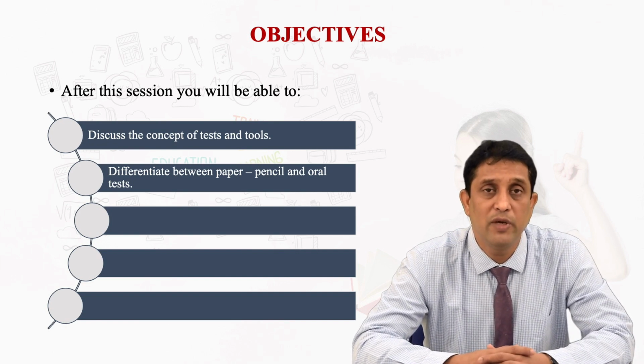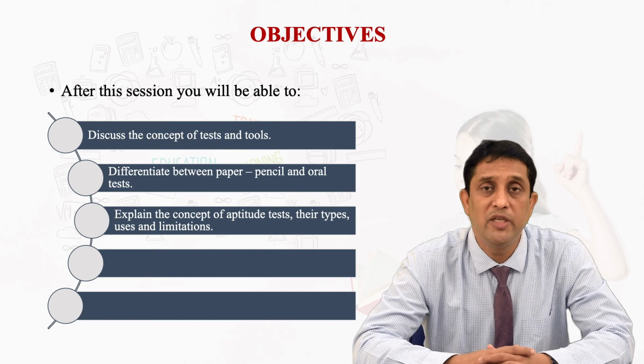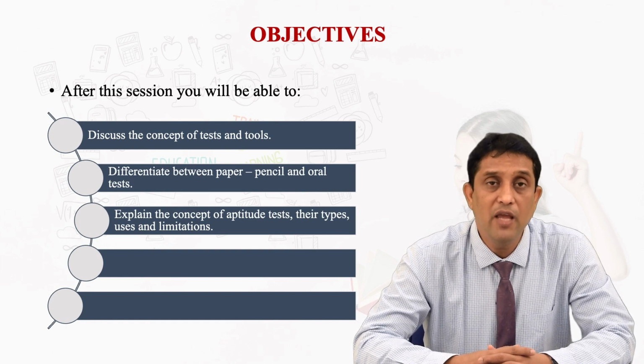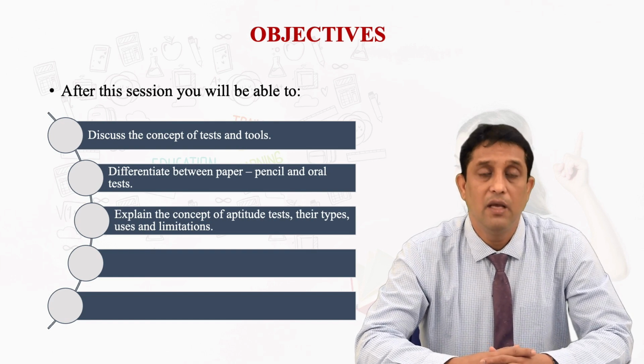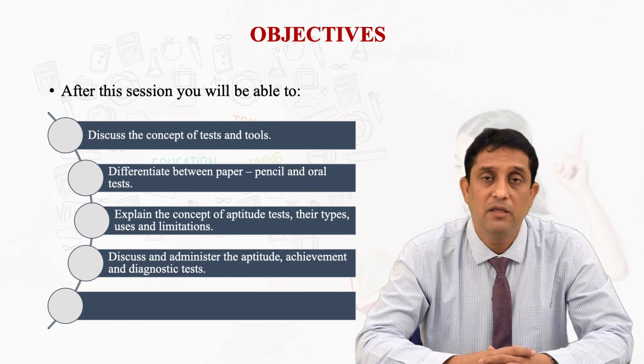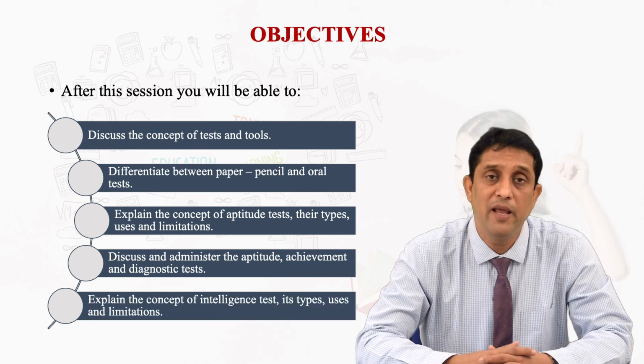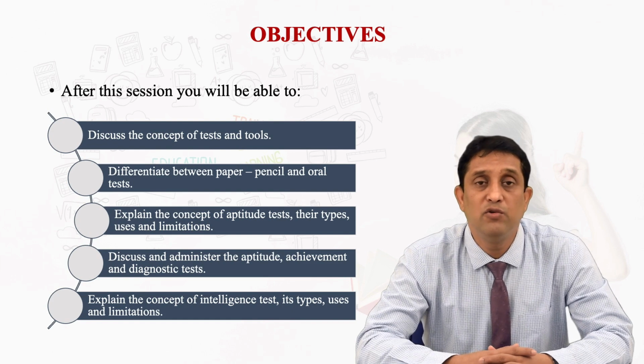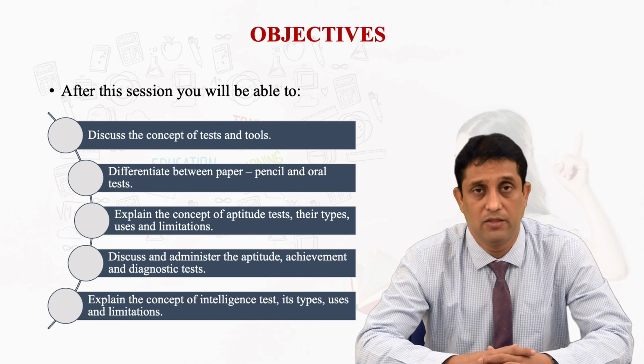Then you will be able to explain the concept of aptitude test, their types, uses and limitations. Then you will be able to discuss and administer the aptitude, achievement and diagnostic test, and further explain the concept of intelligence test, its types, uses and limitations.